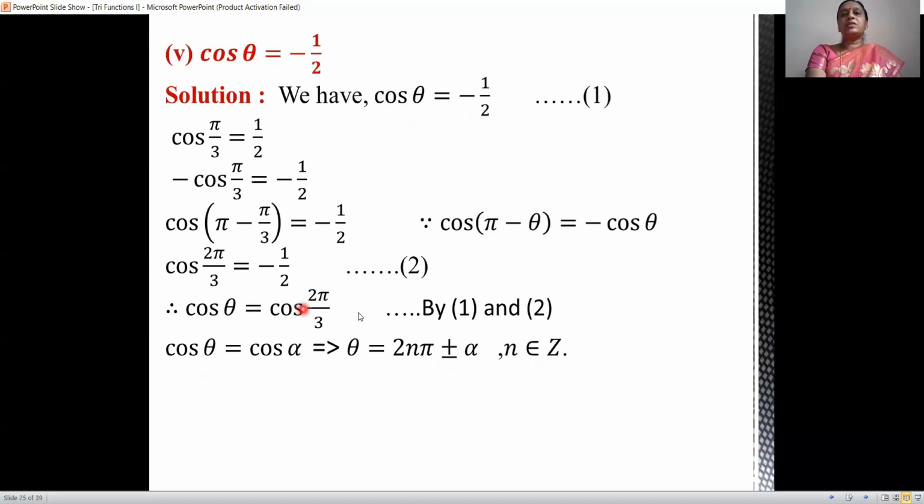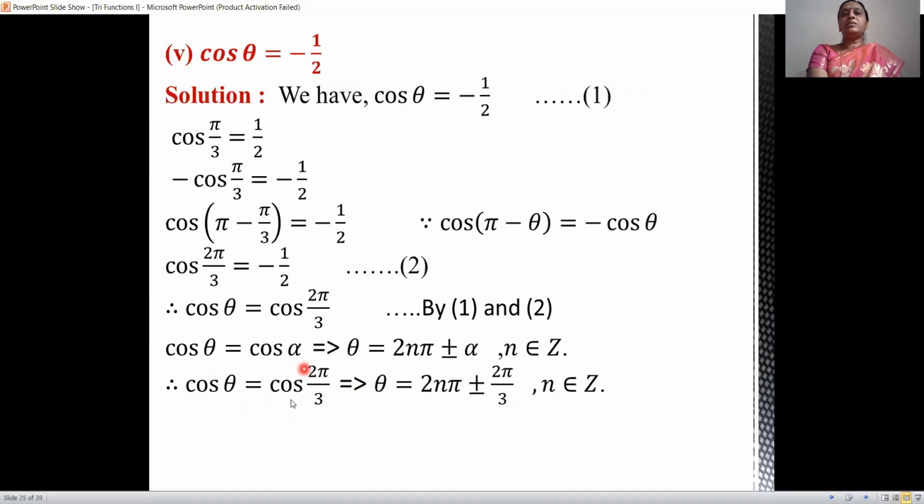Alpha is 2 pi by 3. Therefore, I will keep the value of alpha, 2 pi by 3, here. Then what I will get? cos theta is equal to cos 2 pi by 3 implies theta is equal to 2n pi plus minus pi by 3, where n belongs to Z.